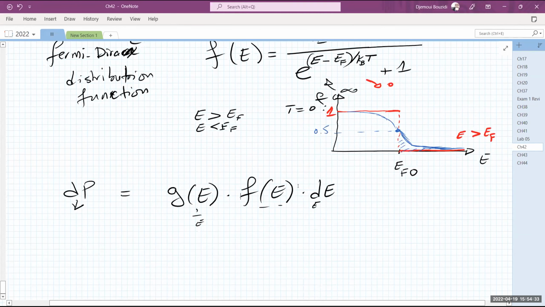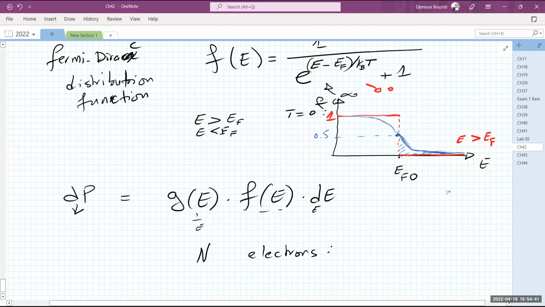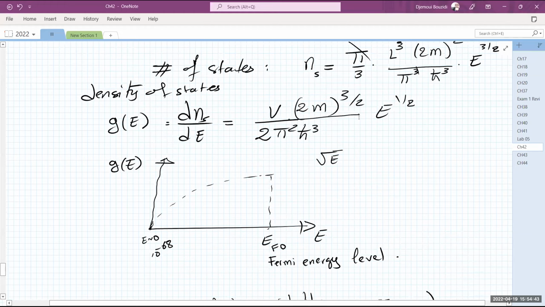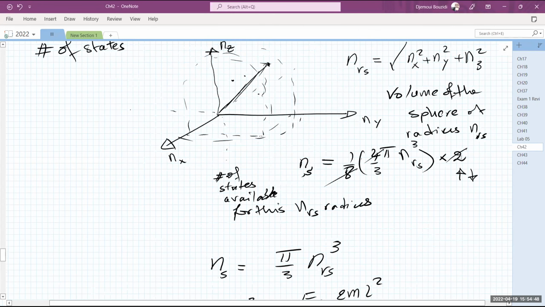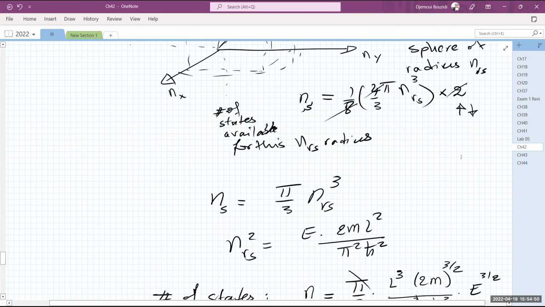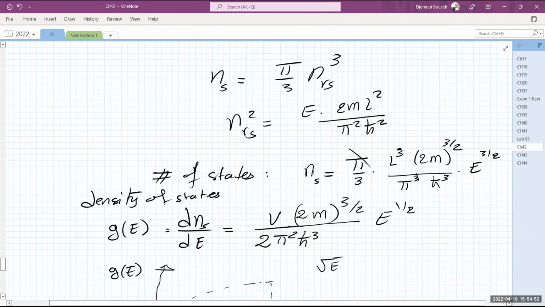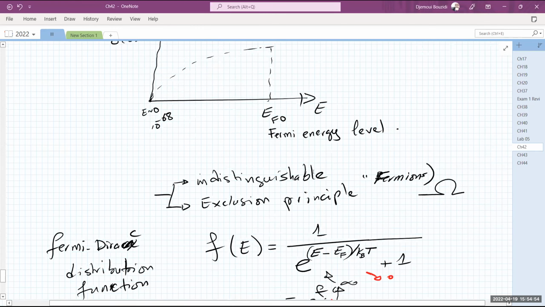So if I have n electrons, remember, I already accounted for the exclusion principle in this expression for that volume when I multiplied by 2 in here. So in this case, the number of states represents the number of electrons.